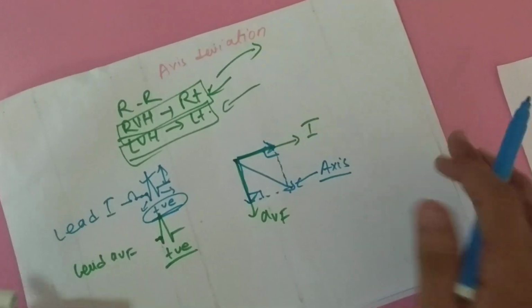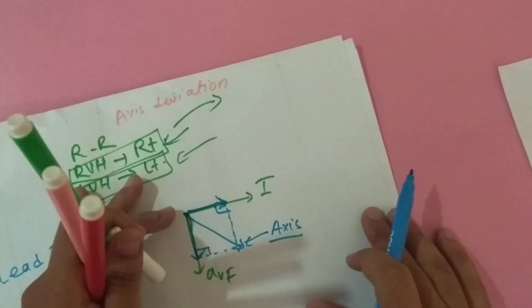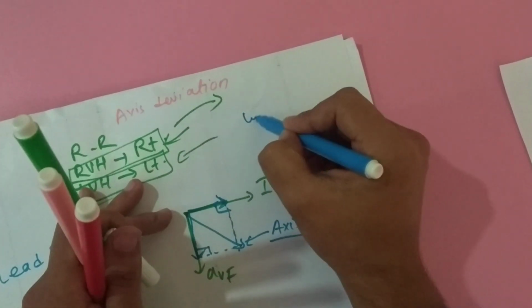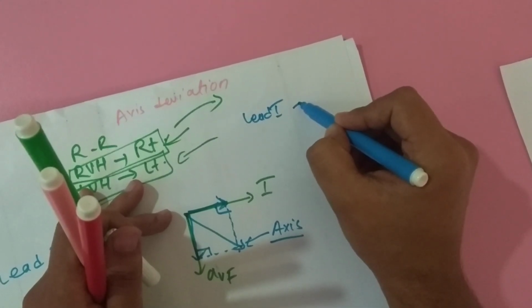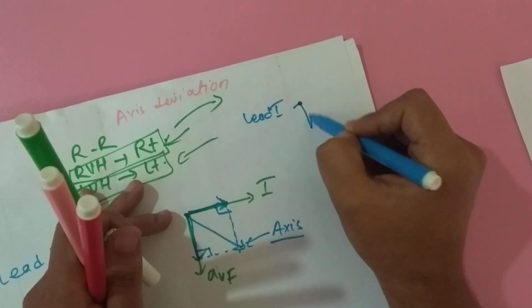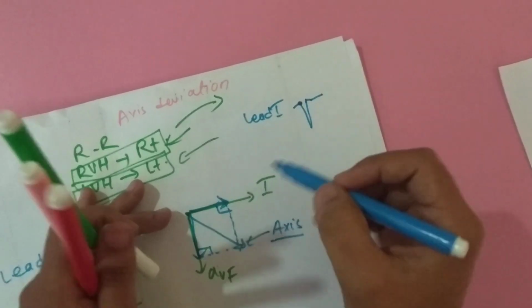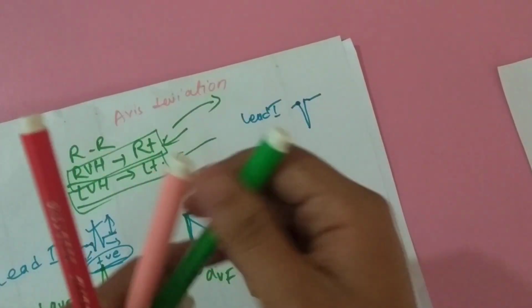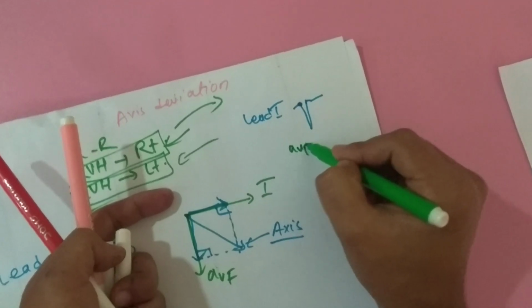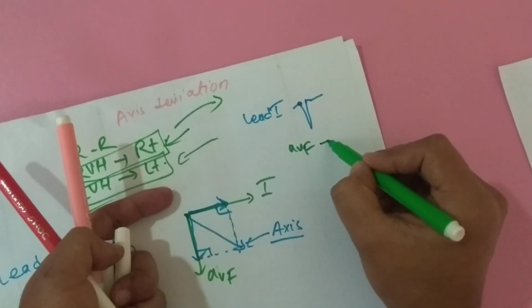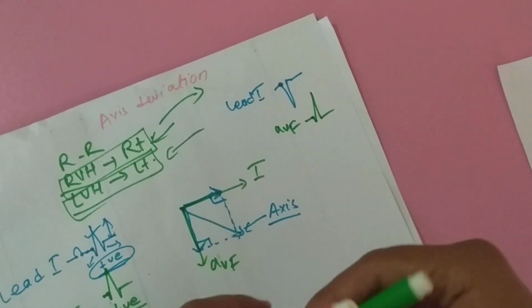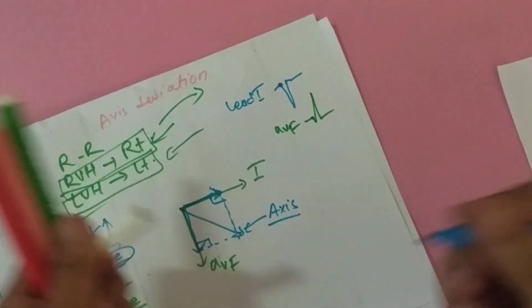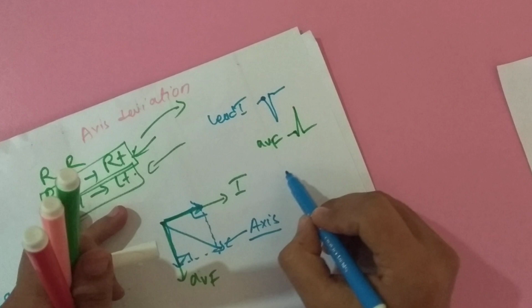So let's take another example. Suppose this is lead 1. In lead 1, let's say the maximum part is a negative deflection, and in case of AVF, let's take the example that it is a positive deflection, so it is like this. So again what I do is I draw them up.